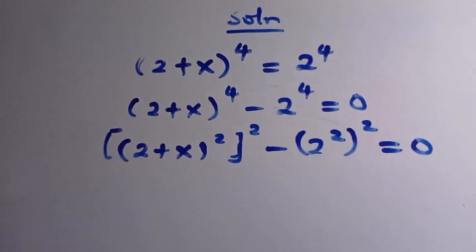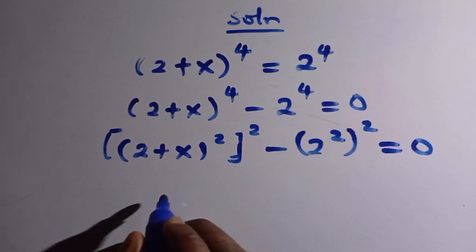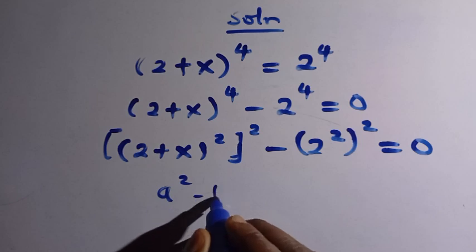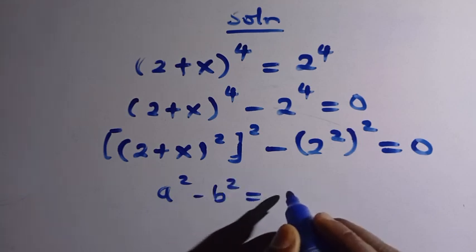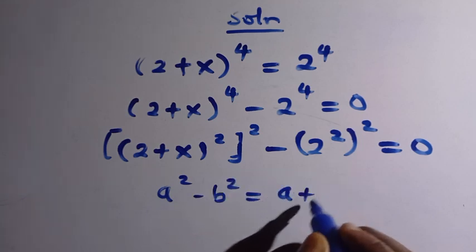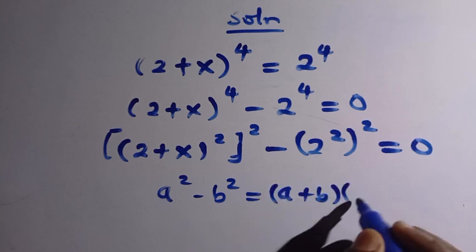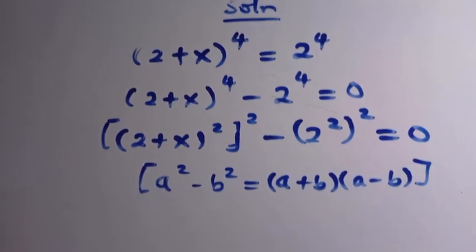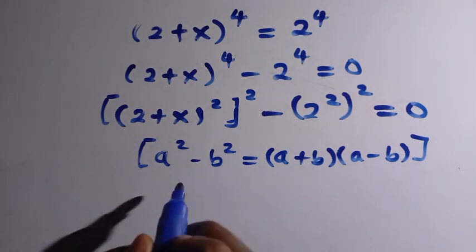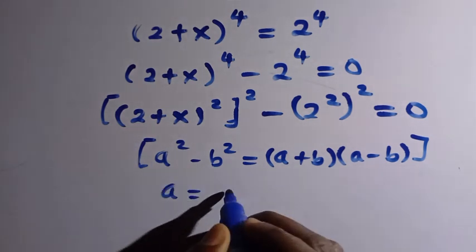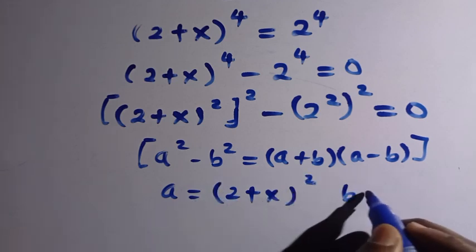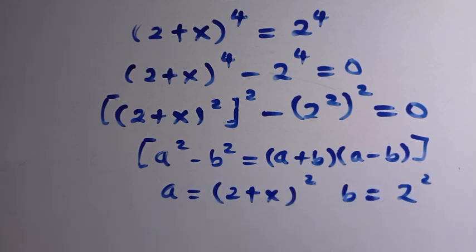After having this, let's consider this expression. Suppose you have a squared minus b squared. This equals (a + b) multiplied by (a - b). So when we apply it here, we consider our a to be (2 + x)^2 and b to be 2^2.